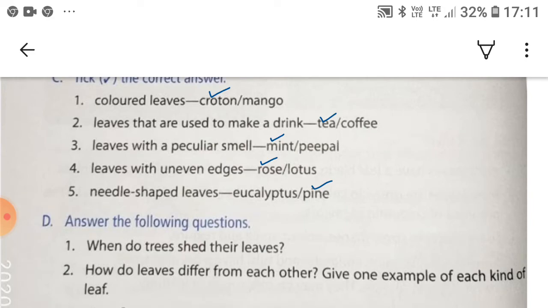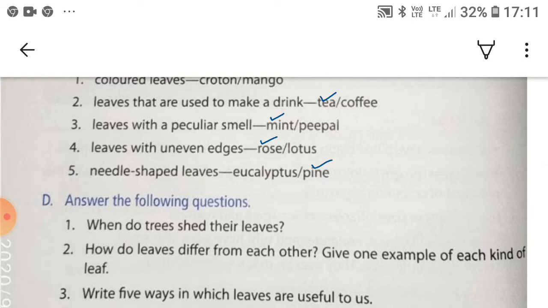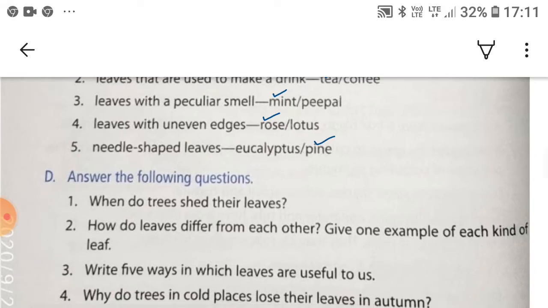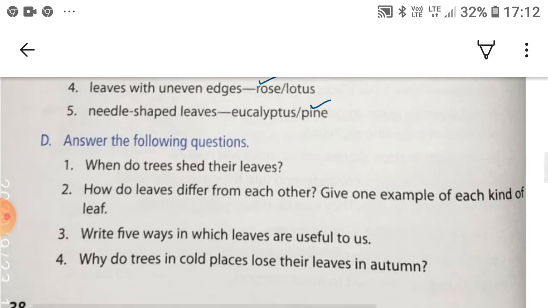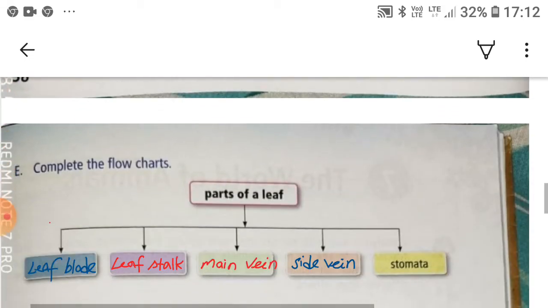Third, leaves with a peculiar smell are mint leaves. So tick on mint. Fourth, leaves with uneven edges are rose leaves. So tick on rose. Fifth, needle-shaped leaves are pine leaves. So tick on pine.